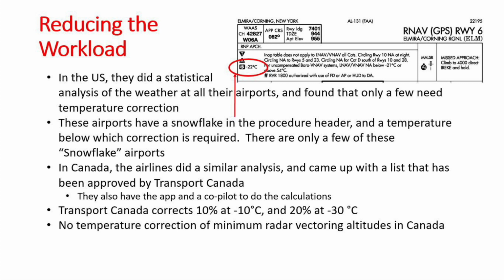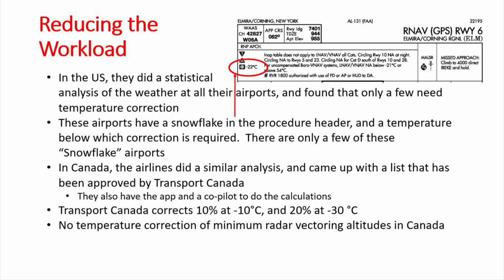They apply a percentage correction of the differential altitude at 2 round-numbered temperatures, minus 10 and minus 30. That gets rid of the table lookup, but still requires a lot of numbers to be worked out. Apparently, NAV Canada doesn't apply temperature correction to the minimum radar vectoring altitudes. Maybe that's too much work.